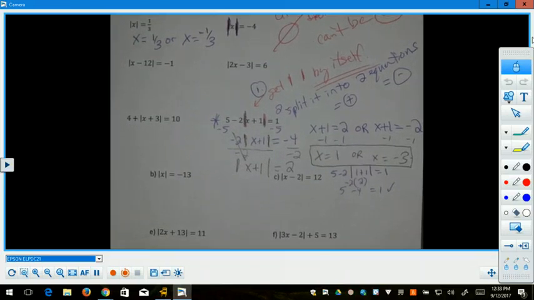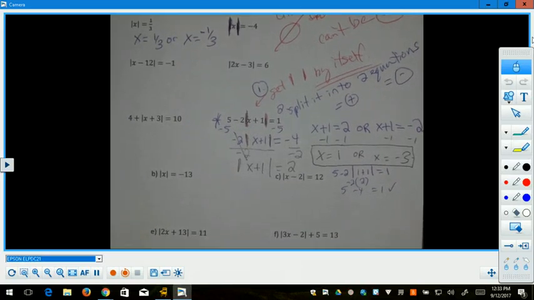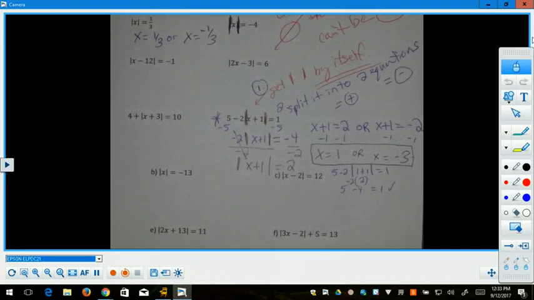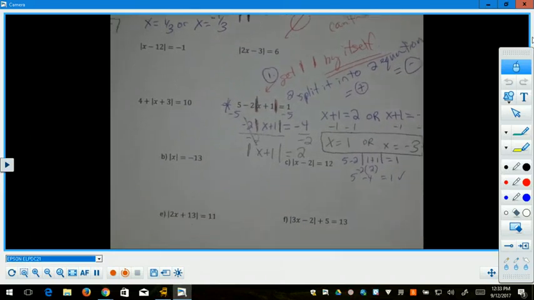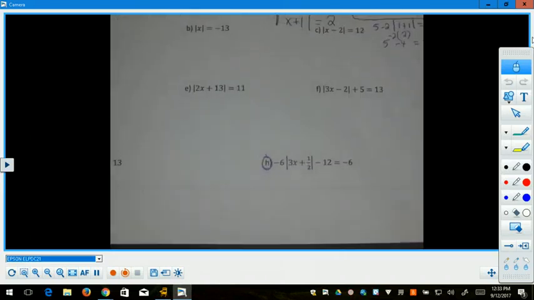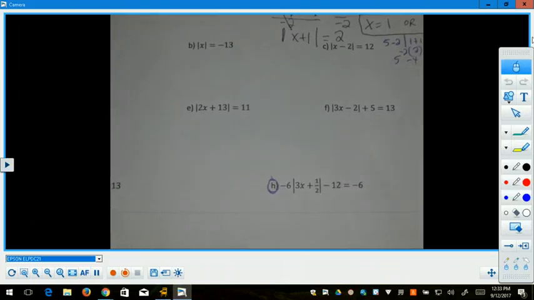All right, so now we're going to look at, where is it? I would like you to try letter H first. Try letter H first. It's at the bottom of the first page of notes. We'll go over that in a second.